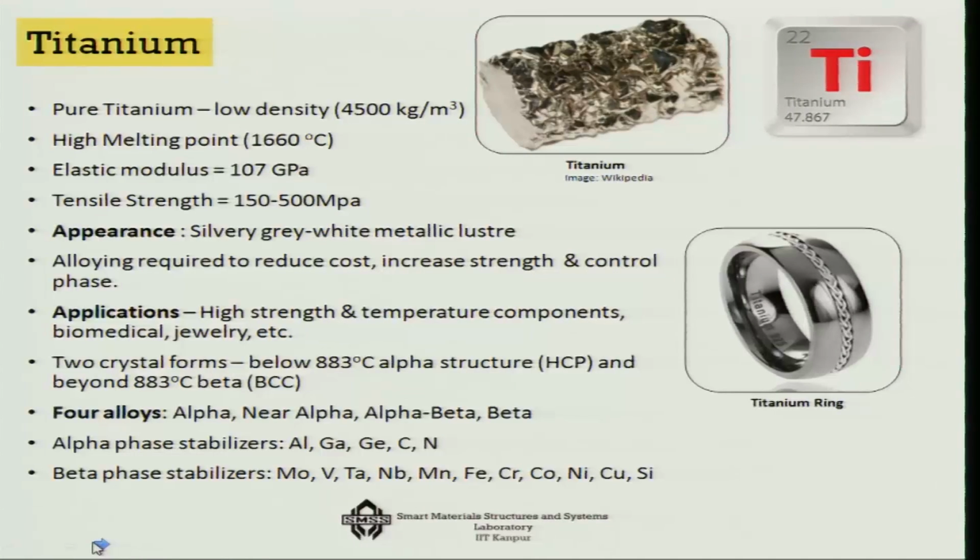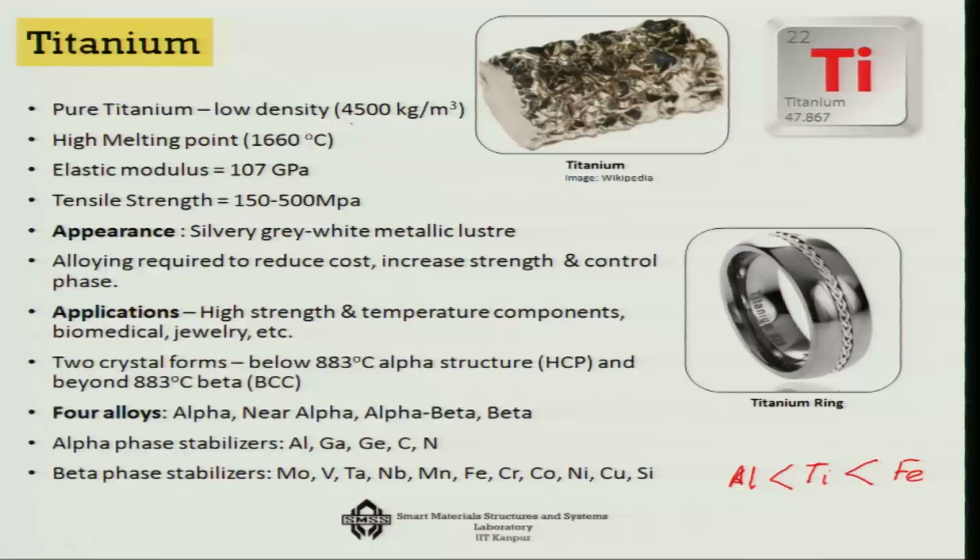Now, the next thing that became important in terms of transport applications is titanium. Its density is higher than aluminum, but lower than steel. So, we always say on a density scale, the density of aluminum is less than the density of titanium, and the density of titanium is less than the density of iron based alloys.